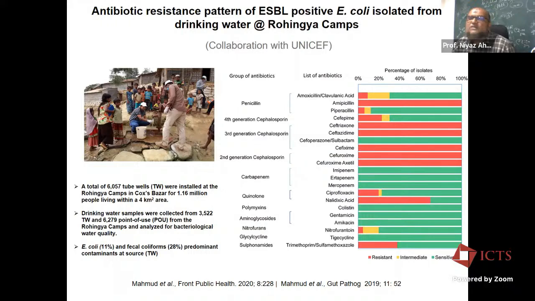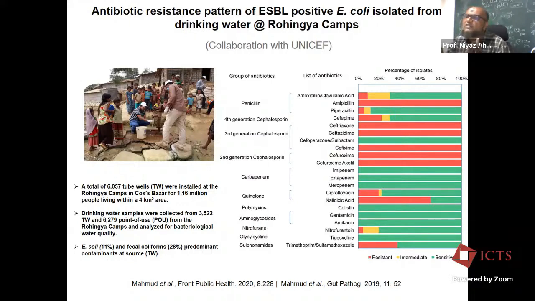And here we observed in this study, which we have published in Frontiers in Public Health and in Gut Pathogens, that ESBL producing E. coli were isolated from drinking water of the hand pumps. 6,000 plus hand pumps have been installed by UNICEF in these Rohingya camps.